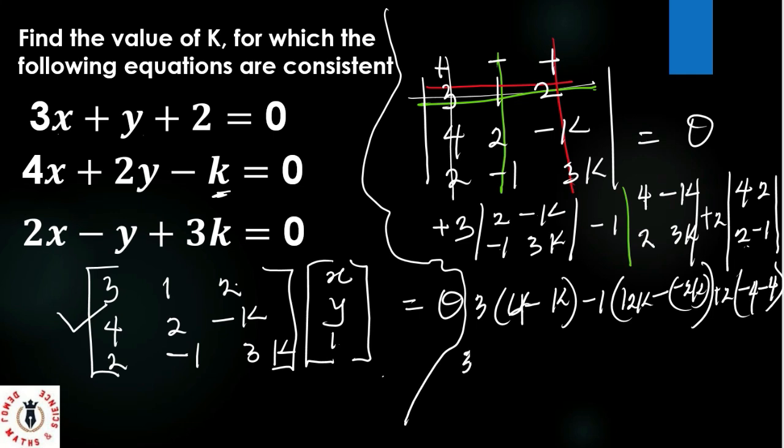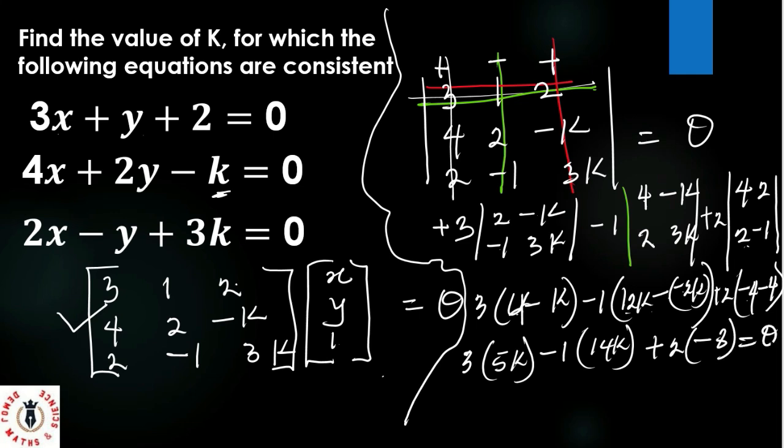So that my 3 now into 6k minus k, that's 5k, minus 1 into 12k, minus times minus here becomes plus, 14k, plus 2 into minus 4 minus 4, that's minus 8, is equal to 0.